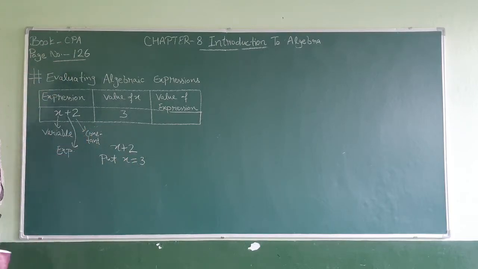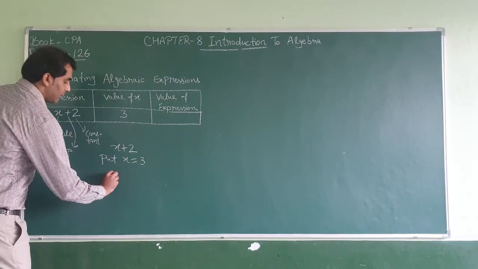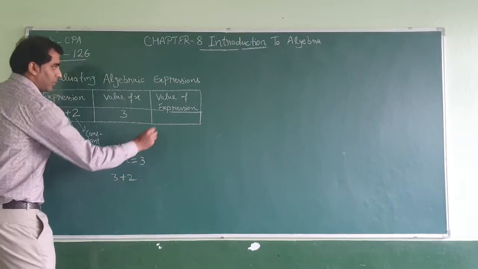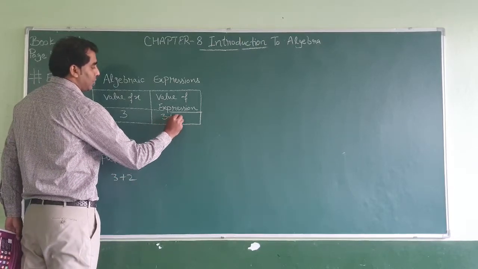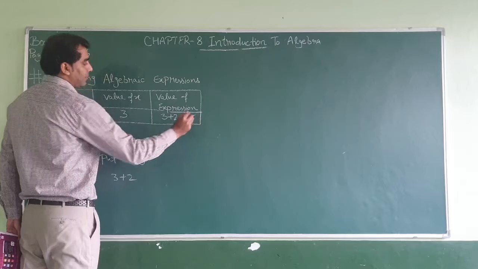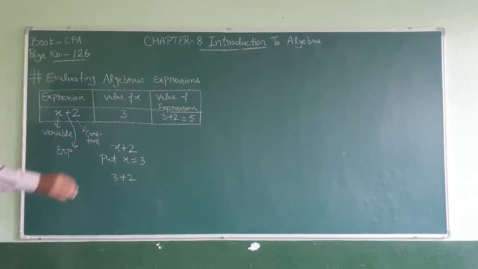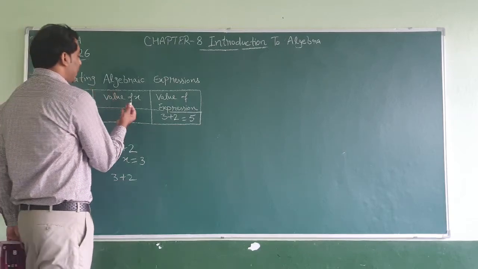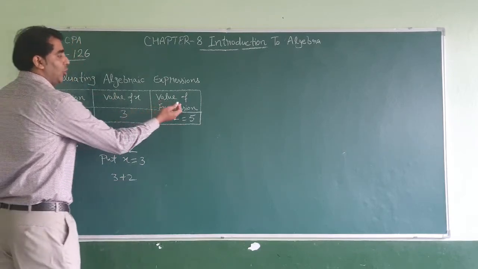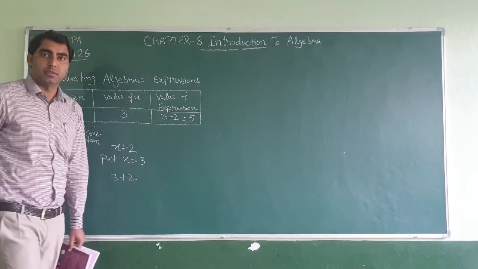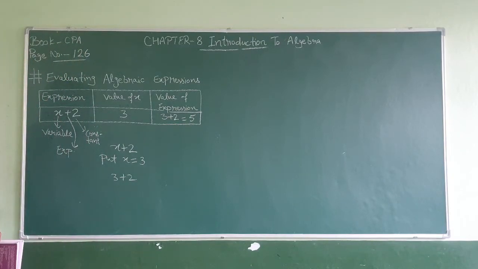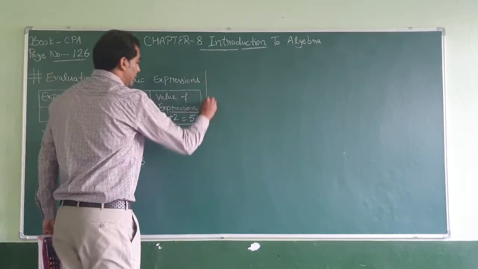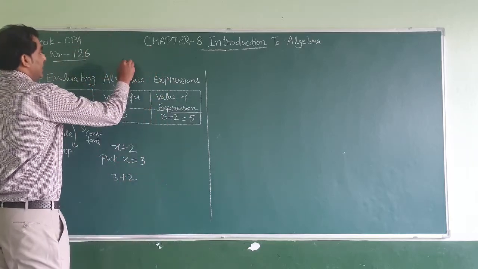Instead of x we will put 3, that means 3 plus 2, which is equal to 5. So we have an expression, then we take a value of x, and the value of the expression will be the answer. Okay, but you understood?